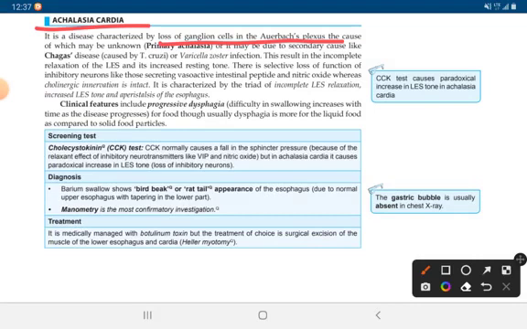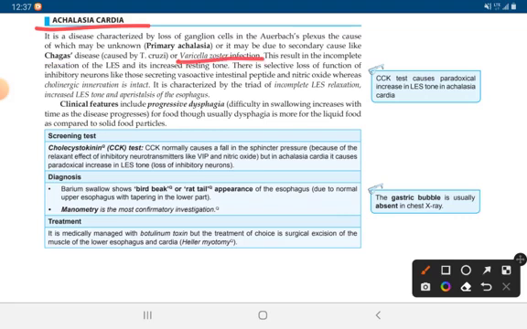The cause of this disease may be unknown, the primary achalasia, or it may be due to a secondary cause like Chagas disease, which is caused by T. cruzi, or varicella zoster infection.